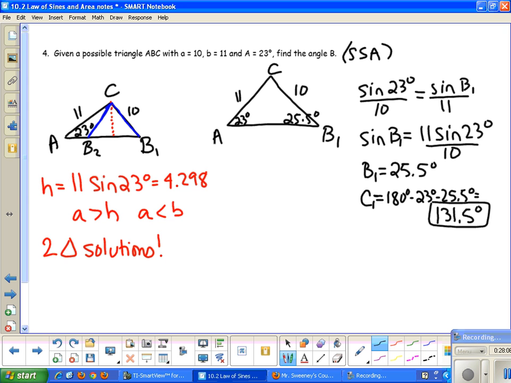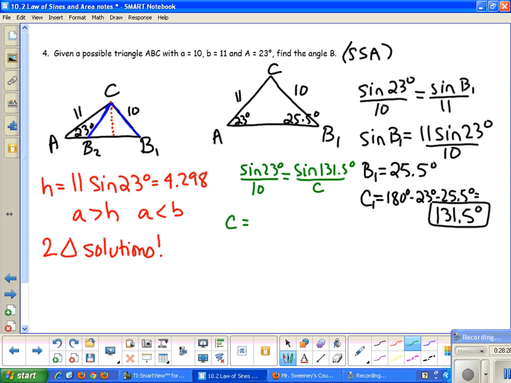So now that we have that, the last length to solve for would be side C, which I can again use the law of sines. So the sine of 23 degrees over 10 equals the sine of C, which we just said was 131.5 degrees, over length C, which is what we're trying to solve for.